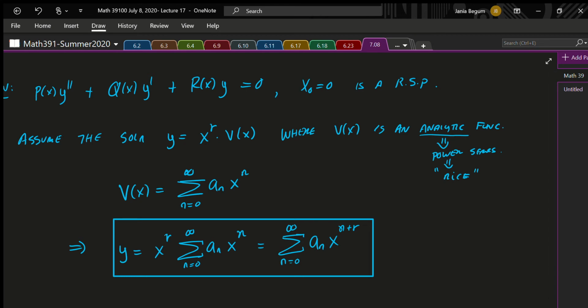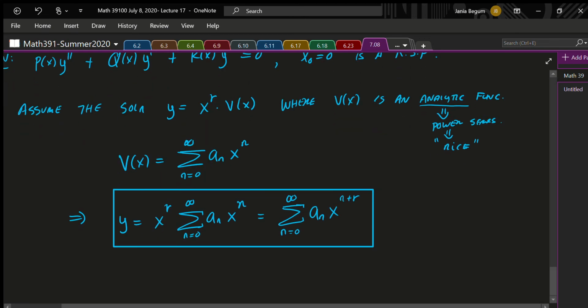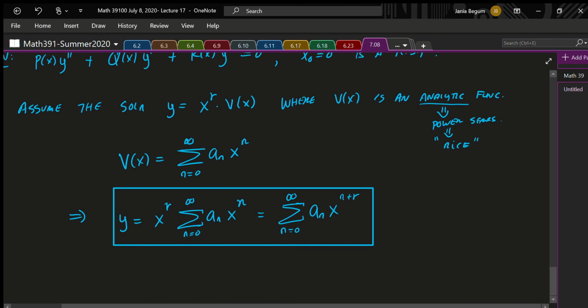Now that we know what kind of solution we're working with, or at least what we're assuming, we can go ahead and take its first and second derivative and plug it in, right? That's the usual drill. So remember, r and n are real numbers, so they're just numbers.